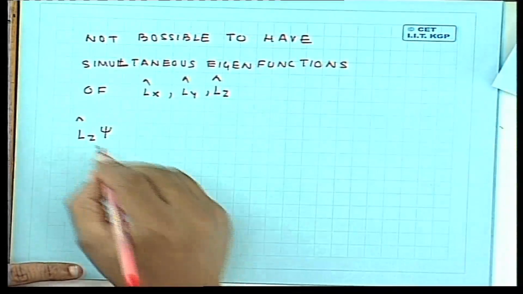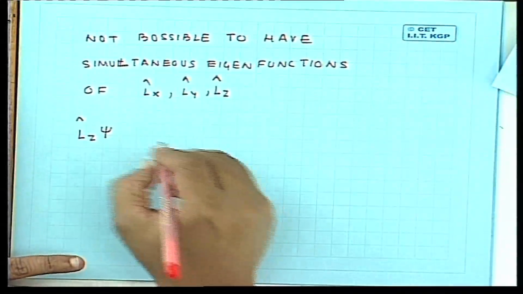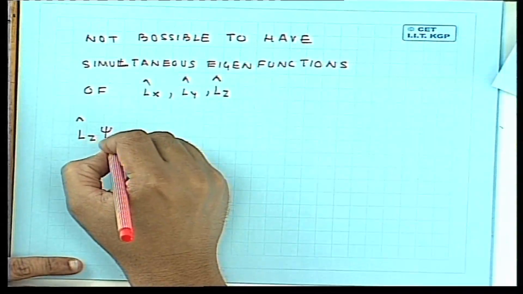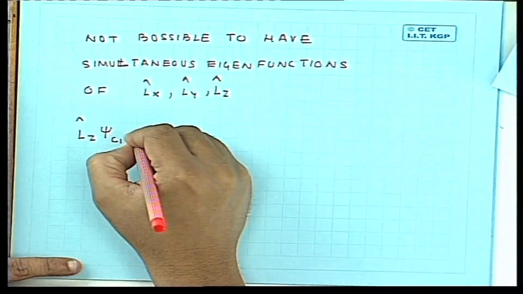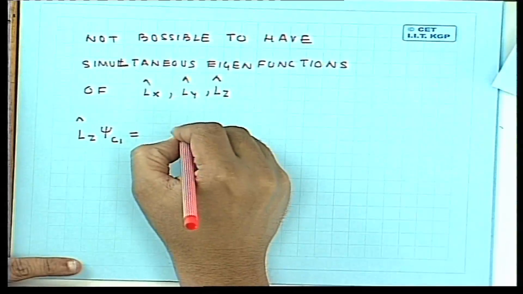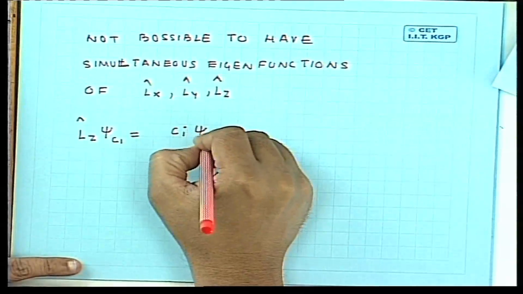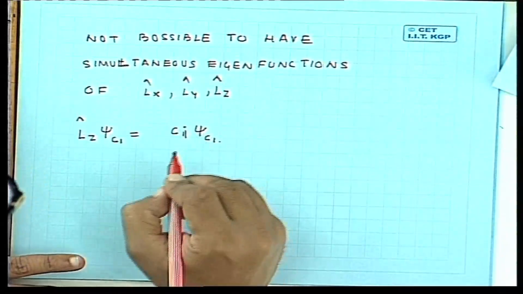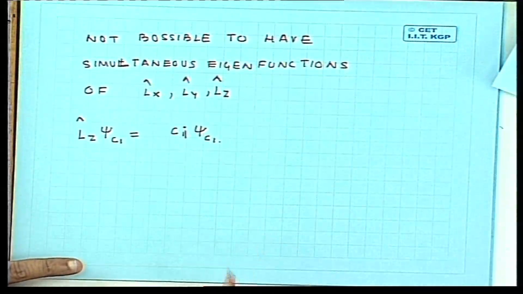So we are going to work out eigenfunctions of this, and let us say that we have some constant C1, Lz psi = C1 psi.